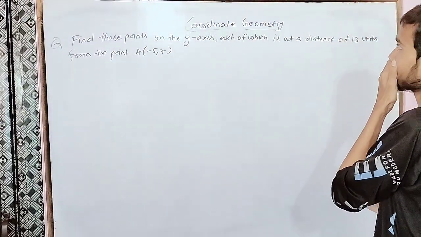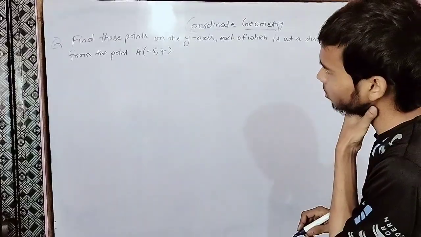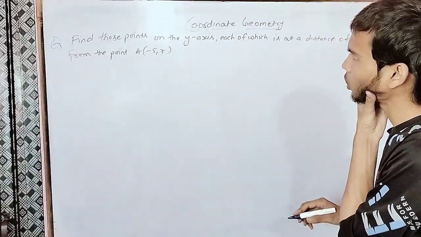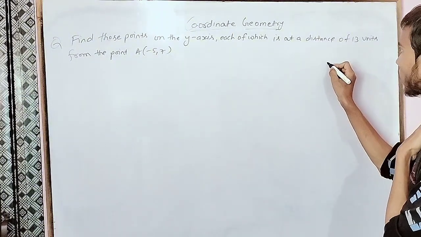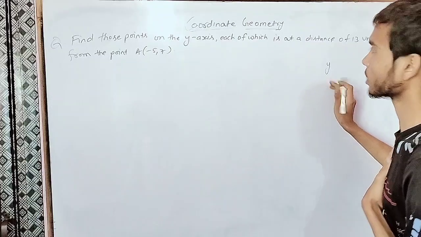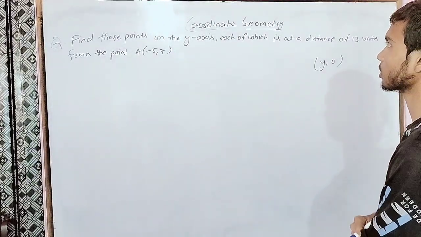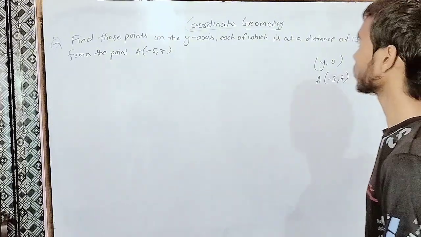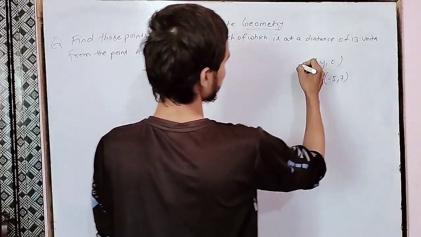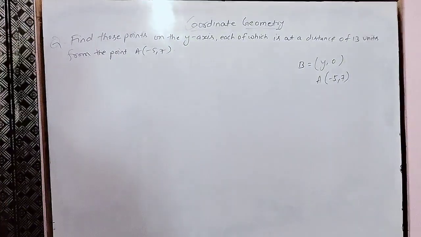Find those points on the y-axis, which are at a distance of 13 units from the point. So find those points on the y-axis. So here y-axis. So y is something, but x is 0. And second is what? A, which is minus 5, 7. So this is B, which is at a distance of 13 from the point A.